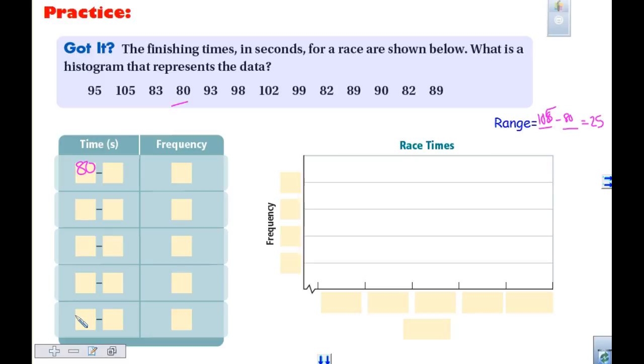So if we are looking at this one, and you try to go from 80 to 85, will that work? Don't write this thing down, but will that work? Will I be able to get 105 if I go up here? If I only have 5 numbers in each one. If I have 80, 81, 82, 83, 84, 85, right? If I go from 80 to 85, is that going to work?